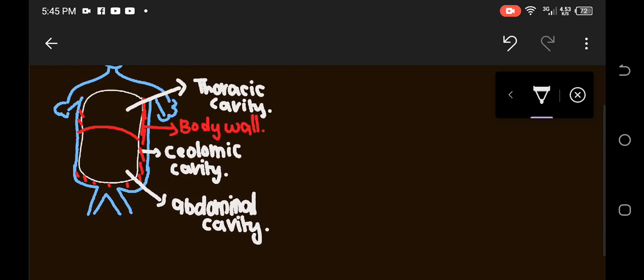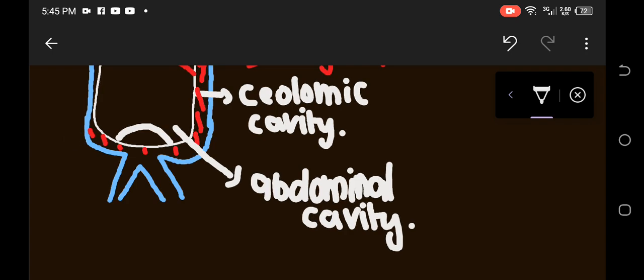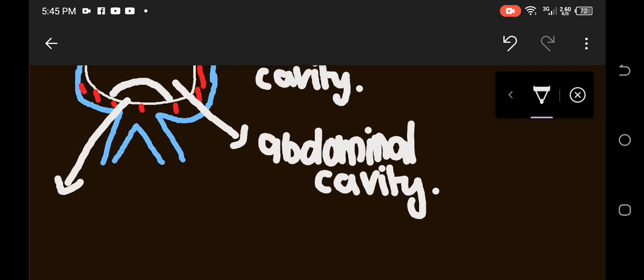And at the downward side we have the pelvic cavity, in which our sex organs are present.